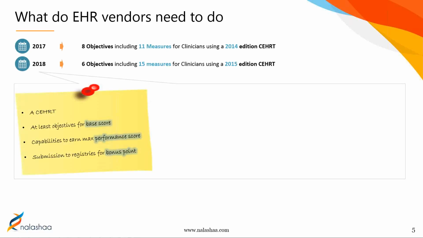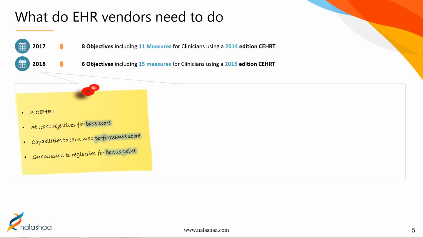The first 2 components that you see are mandatory for the clinicians to ensure that they do not fall under the negative payment adjustments. The third component, that is the performance measures and the bonus measures, are the ones that would actually earn brownie points for the clinicians. So let us dive in deep and understand what every component means.